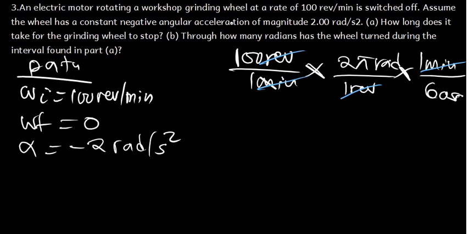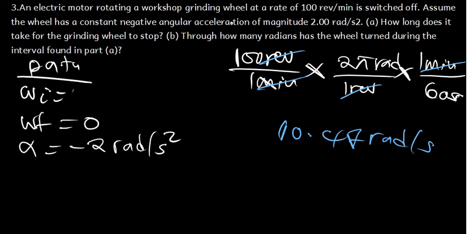So I have rad on top, 100 times 2 pi, divided by 60. So I'm going to get my angular speed to be 10.47 rad per second. This is what I'm going to put here, because we have just converted this to 10.47 rad per second.